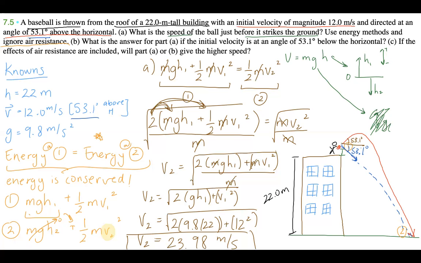And we're going to be slowed down more because we're in the air for longer. And if we have a shorter path, we're going to encounter less air resistance. And that means that we're going to be slowed down less, which means that when we are including air resistance, part B will have the higher final speed because it has a smaller path than part A.